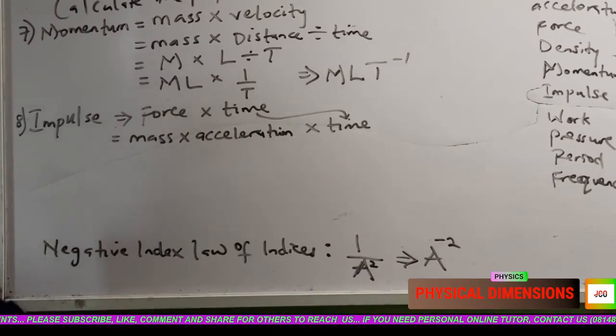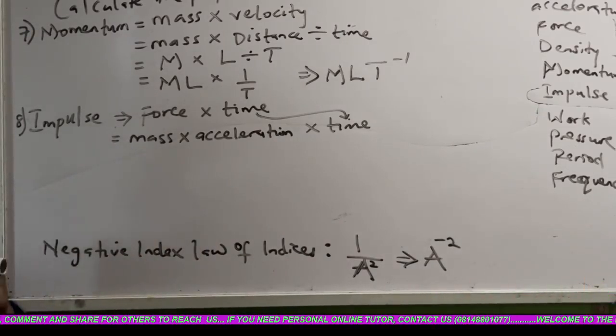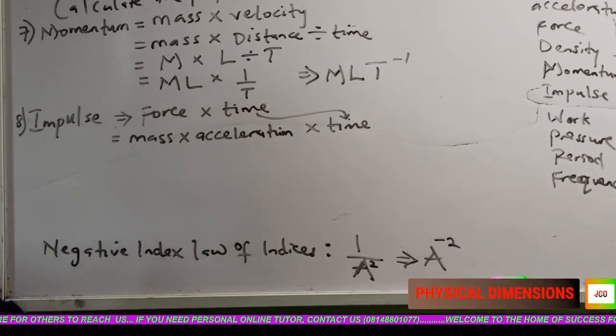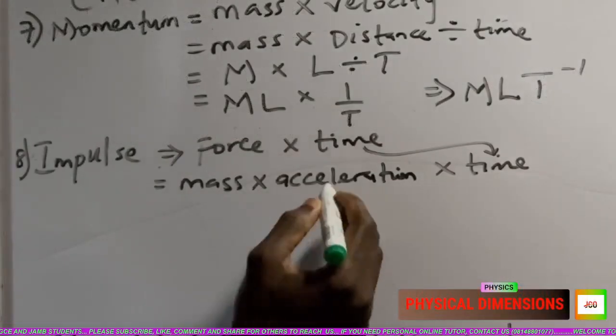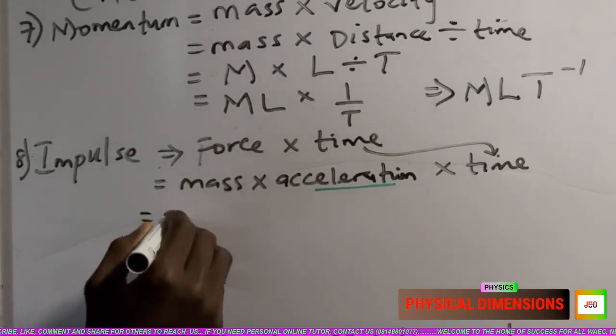Notice carefully also, mass is a physical dimension, but acceleration is not. So I need to open up acceleration. This needs to be dealt with. So mass, I'm going to bring out mass now.